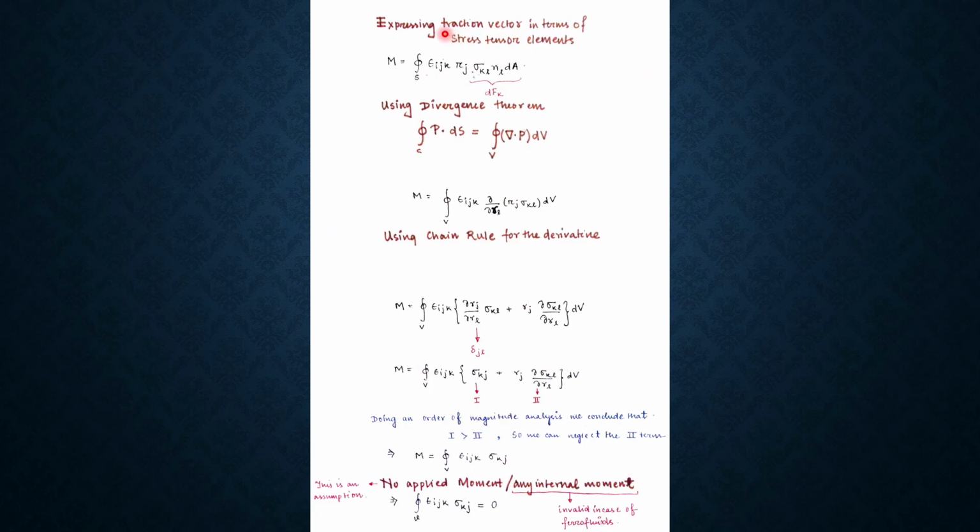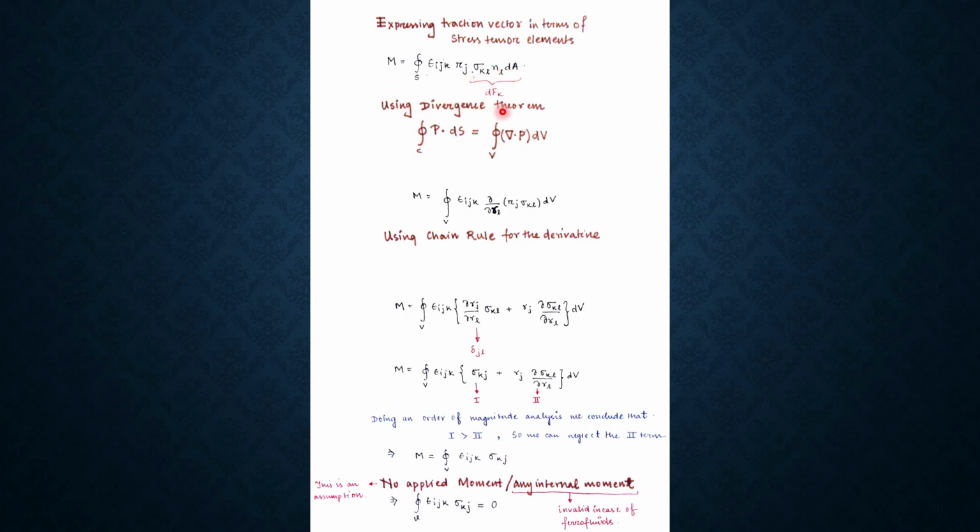Now the traction vector can be expressed in terms of the stress tensor, something that I established in the previous step itself. Now doing that too, this whole term, sigma kl nl into dA, is what is the dfk.